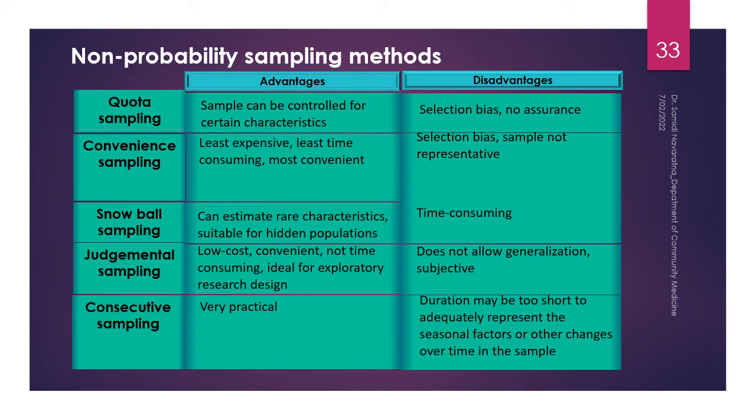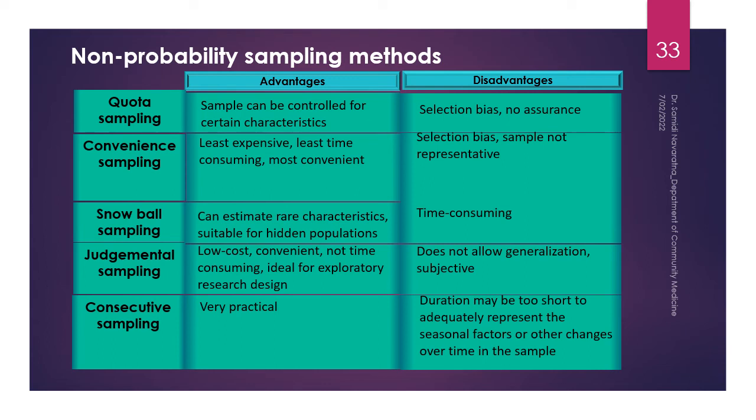So in convenience sampling, as the name itself implies, it's the most convenient, the least expensive and the least time consuming sampling method, but obviously there will be selection bias and the sample will not be representative of the parent population.